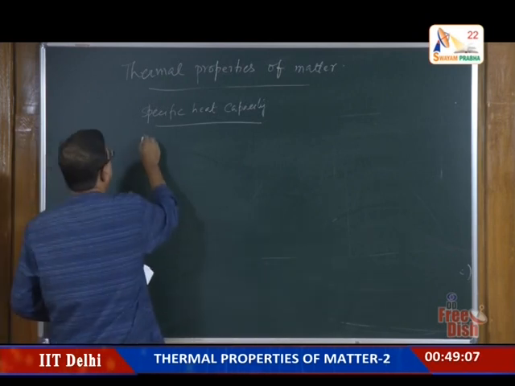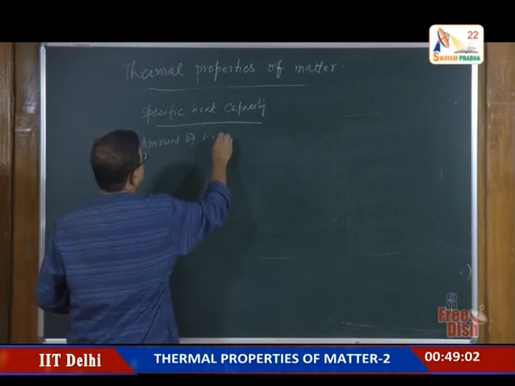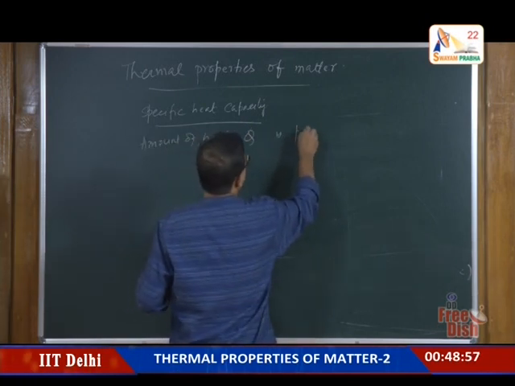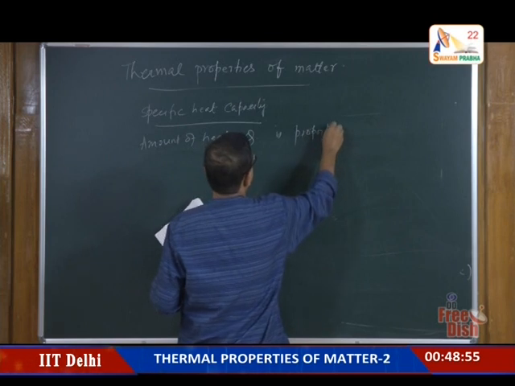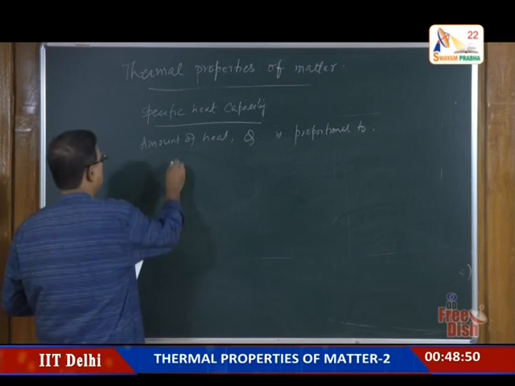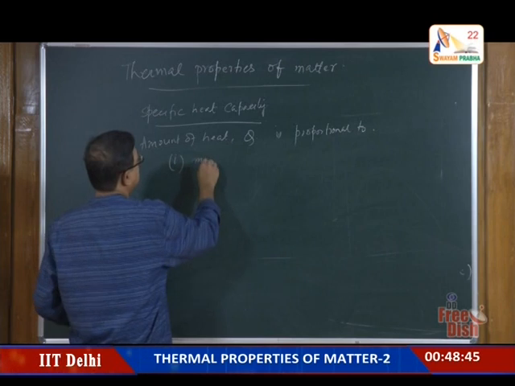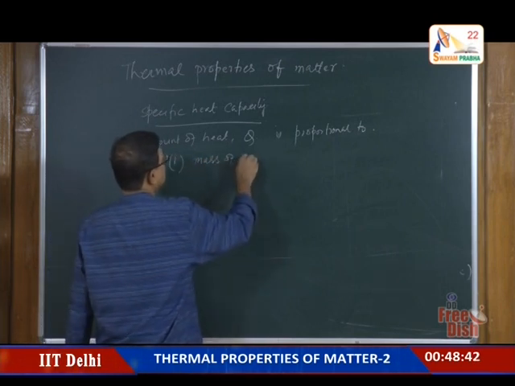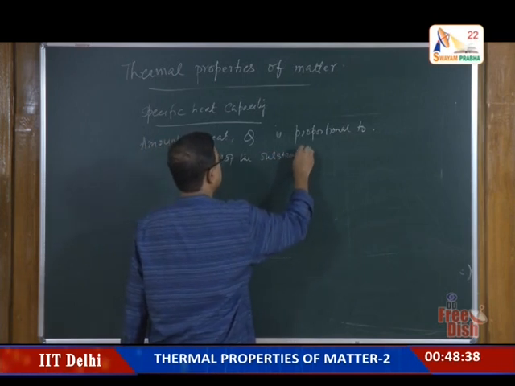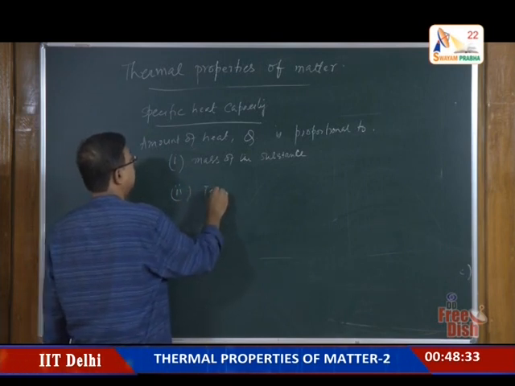So the amount of heat, let's call it Q, is proportional to, one, the mass of the substance, and two, the temperature difference.